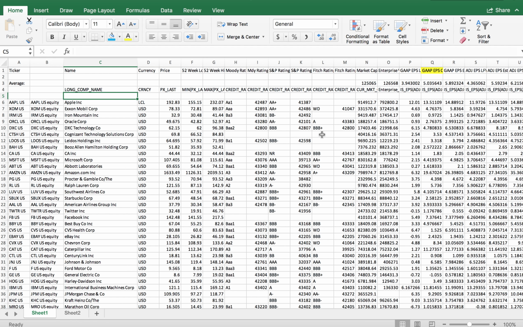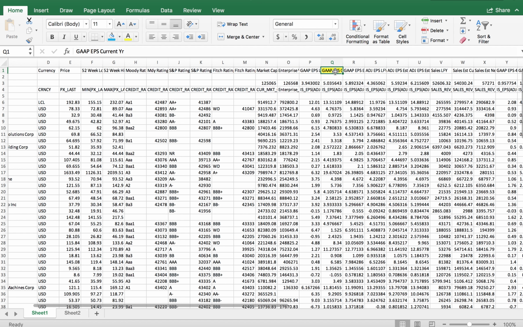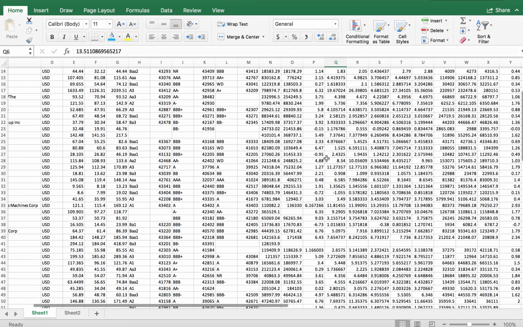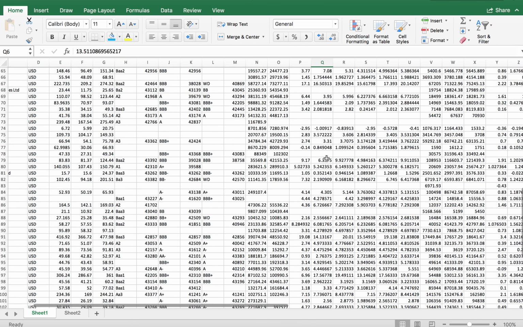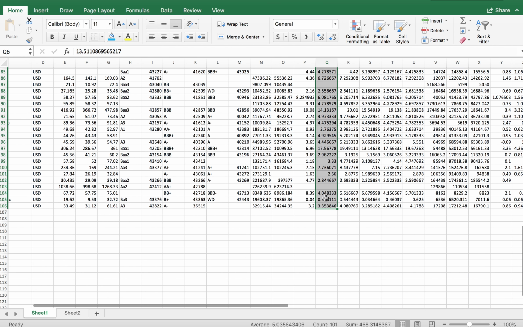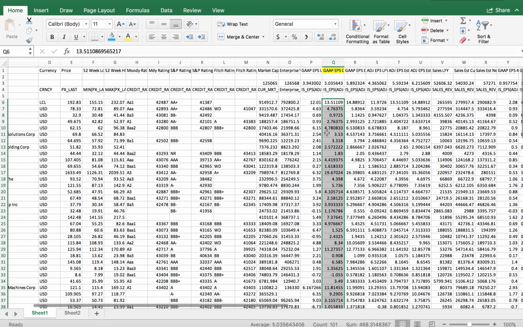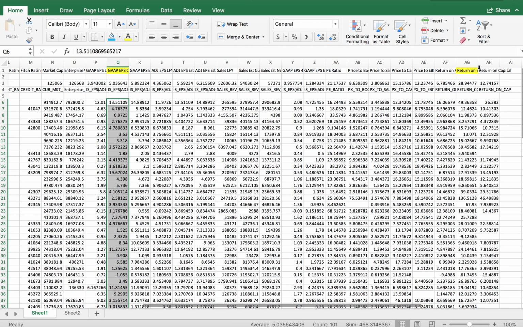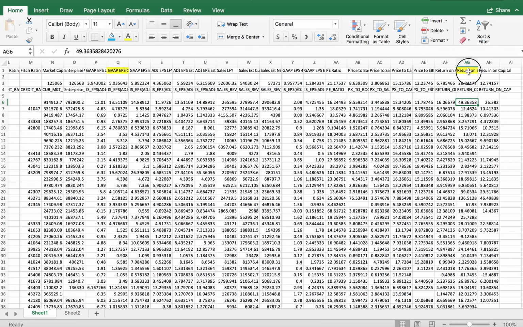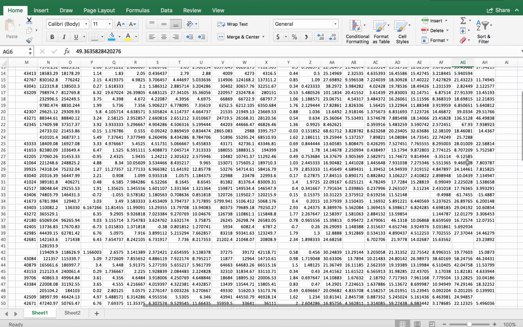And as you can see here, we have the GAAP EPS current year shown in this column. And we have the return on equity as seen here shown in this column.